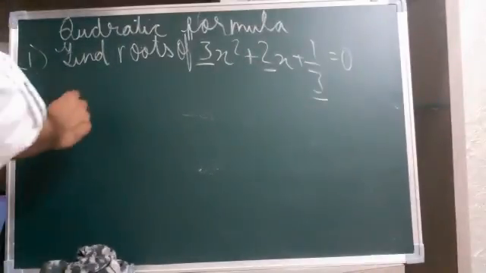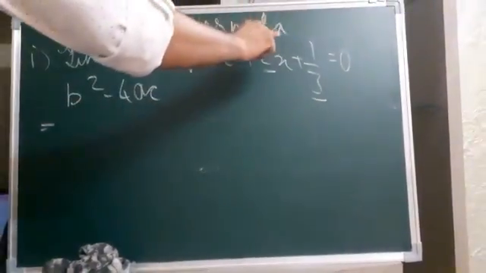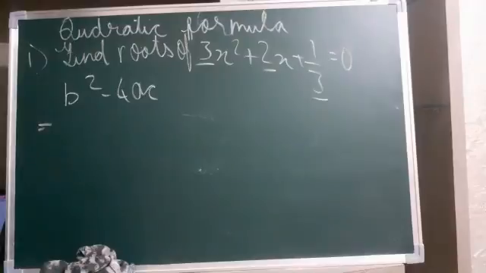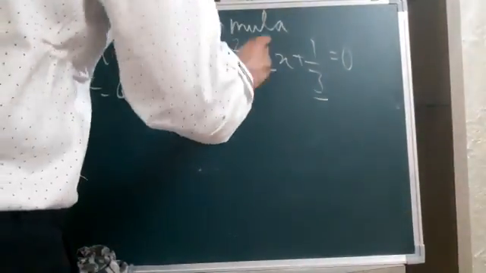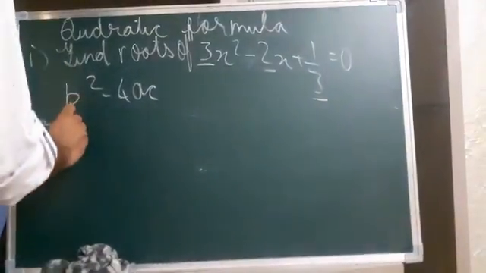Firstly, we don't put the values straight into the formula. We first find the determinant, b square minus 4ac. What is b? It's minus 2.